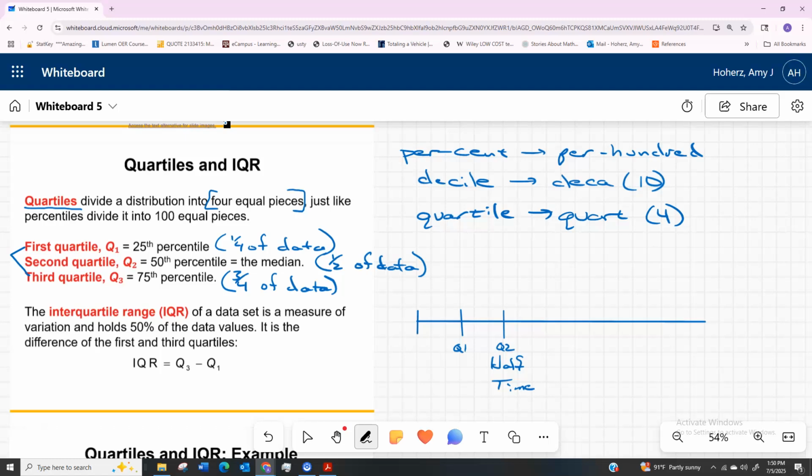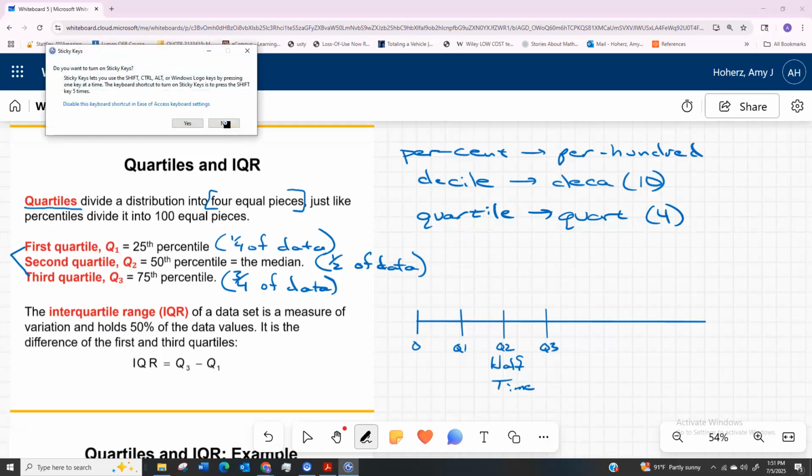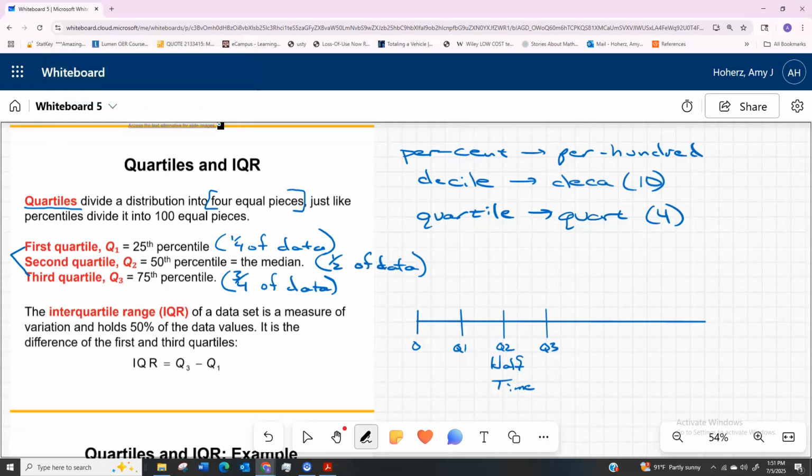So we have a special name for that: halftime. So this is like at the beginning of the game, after quarter 1, after quarter 2, but we could also call the end of quarter 2 halftime. And then when we get to the end of the third quarter, we could call that Q3. And then when we get to the end of the game, we could call that the end, or the maximum.